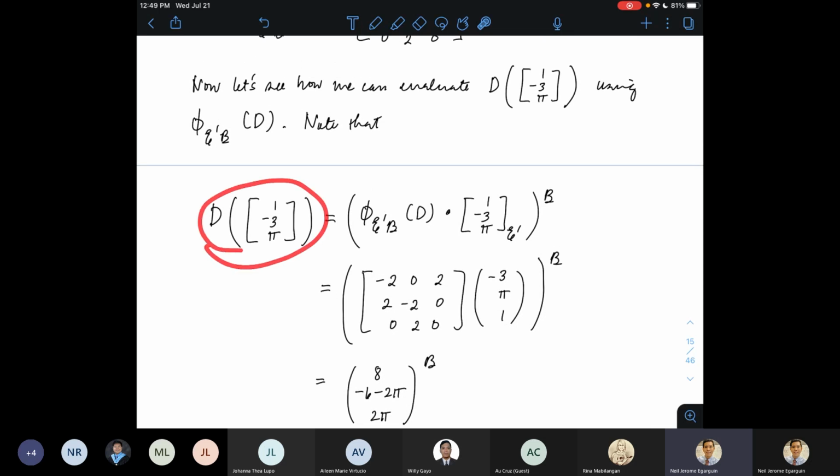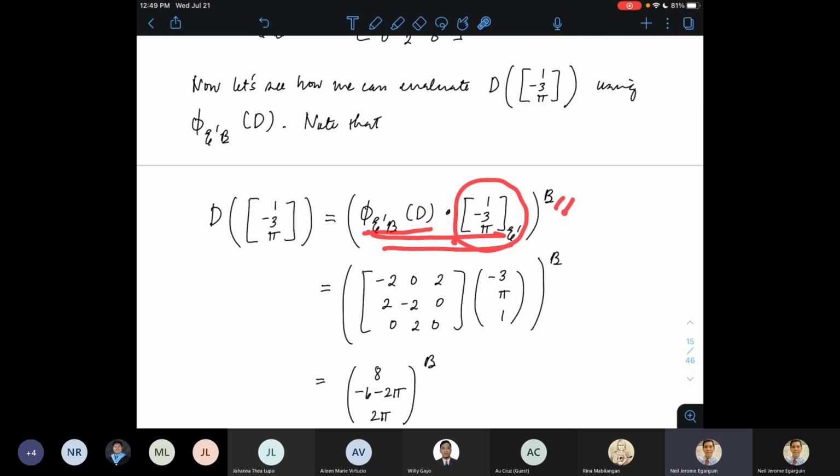So the image here under the doubling operator of a vector, right, is matrix times the coordinates of your domain element with respect to E prime. Tapos pag na-multiply ko na sila, kailangan kong i-convert into a vector. Kasi yung product na to ay coordinates lang.